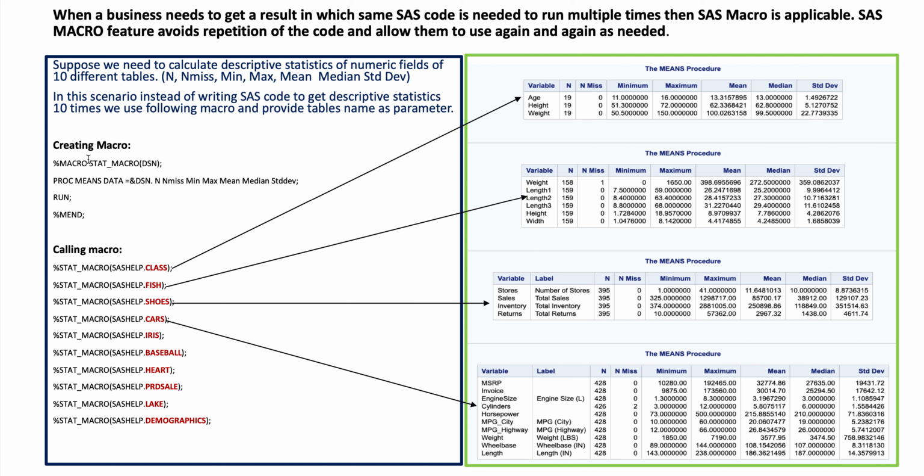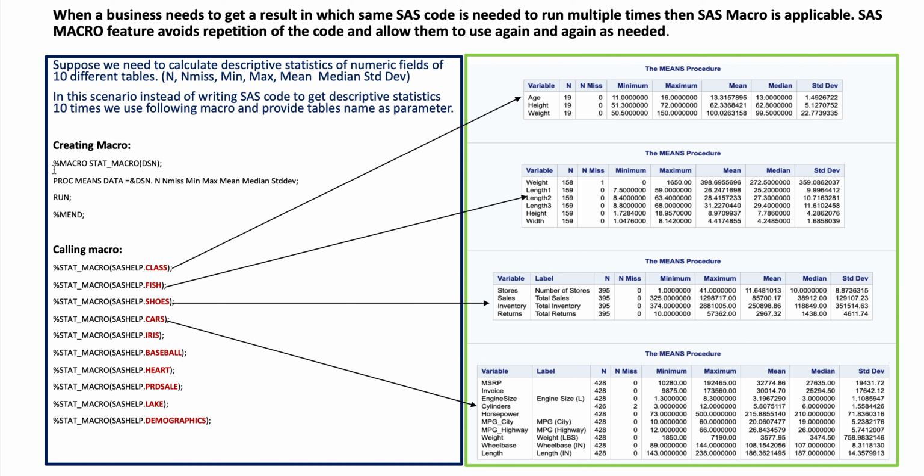That means this code is going to calculate descriptive statistics for the default, which is all numeric variables. This macro is going to calculate descriptive statistics for all numeric variables present in each table.